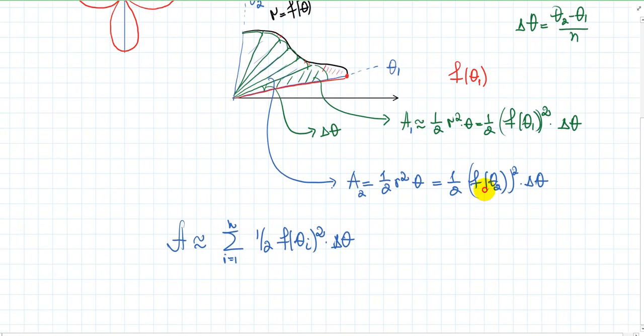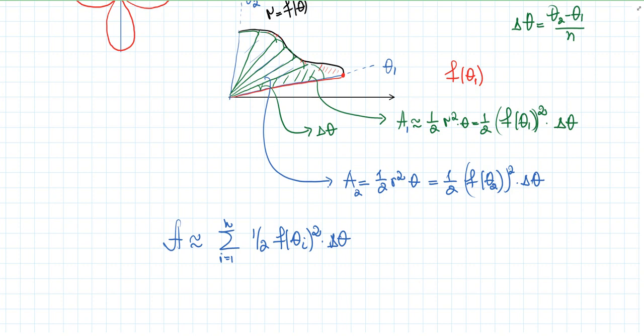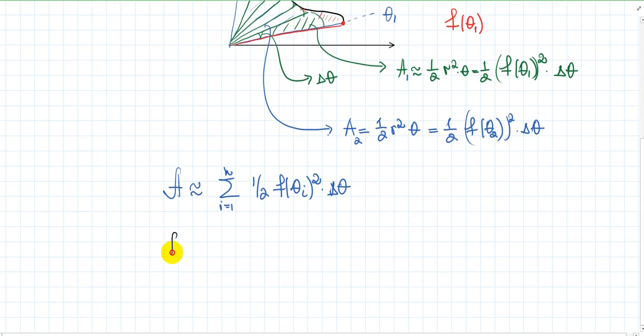And in order to get a more precise result, I need to increase the number of sections, right? So the exact area would be the limit of the summation of the areas of the sections, where n goes to infinity. If I just increase the number of sections, it's going to give me exactly the area, right?